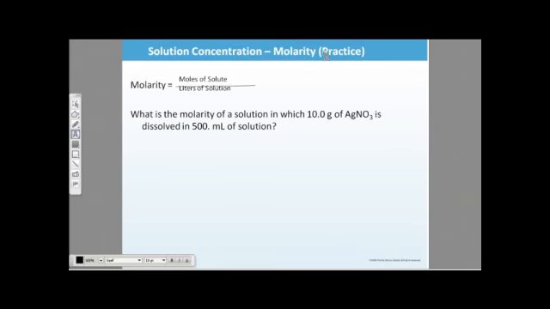All right, so let's walk through another example together. This time we have 10 grams of AgNO3, and it's dissolved in 500 milliliters of solution. So again, we need to convert those units. So we take our 10 grams of AgNO3, and our 500 milliliters of solution.